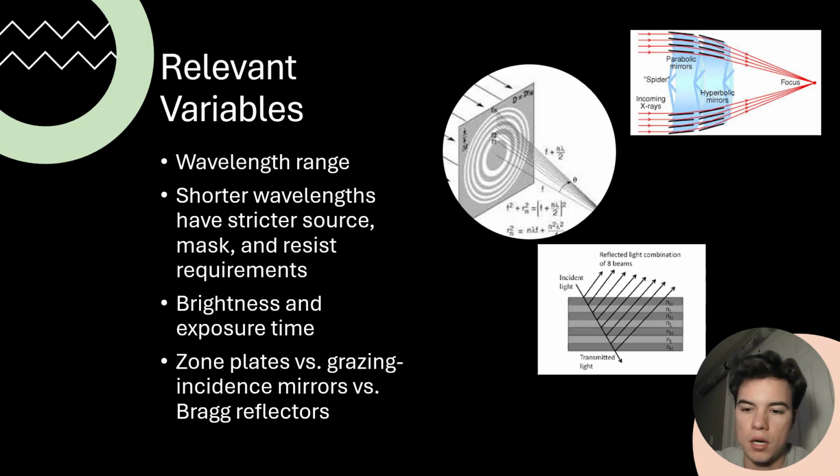Secondly, optical element choice is another idea here, where at the very top we have a zone plate that is focusing the beam, and second we have a grazing incidence mirror, and the circular image is going to be the zone plate, and the bottommost image is going to be the Bragg reflector.